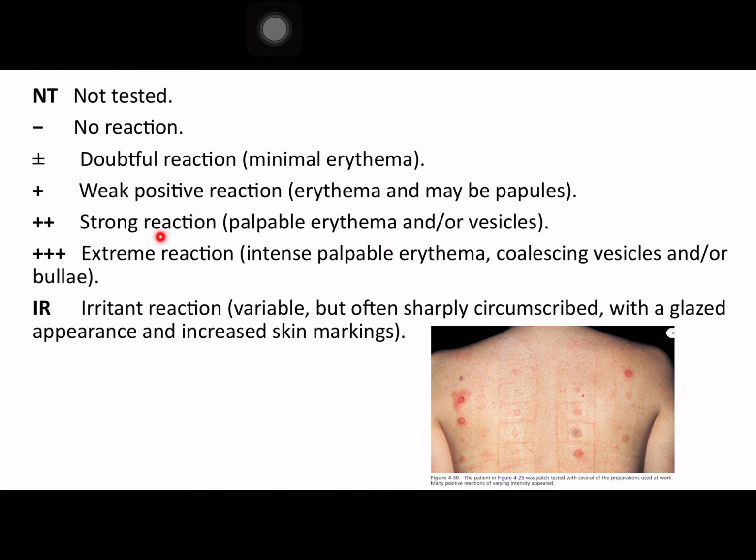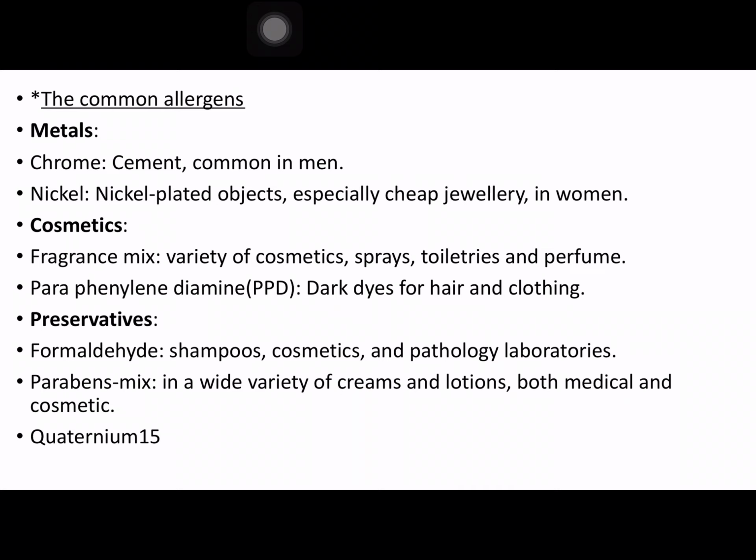Two plus is a strong reaction, reflecting palpable erythema and/or vesicles. Three plus is an extreme reaction, with intense palpable erythema, coalescing vesicles and/or bullae. IR stands for irritant reaction: we see a sharply circumscribed, glazed appearance and increased skin markings. Mainly it is due to irritation, not due to allergic contact dermatitis.